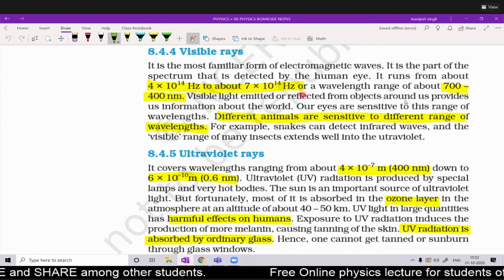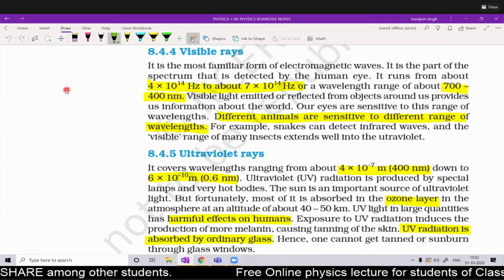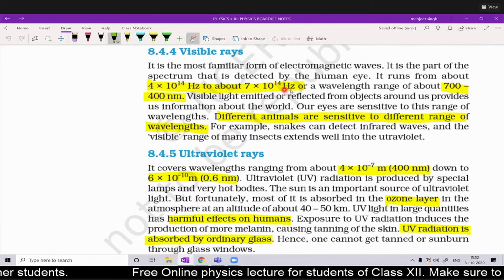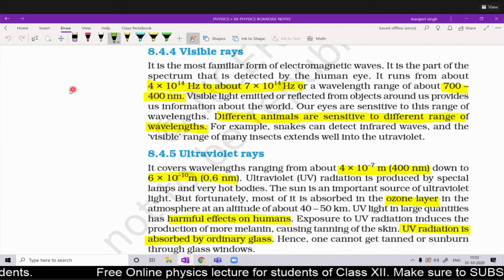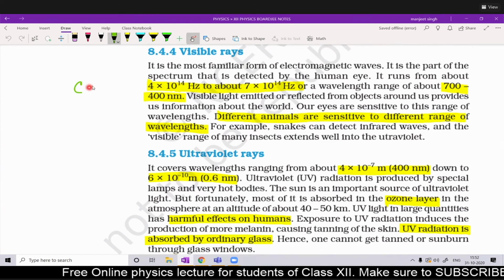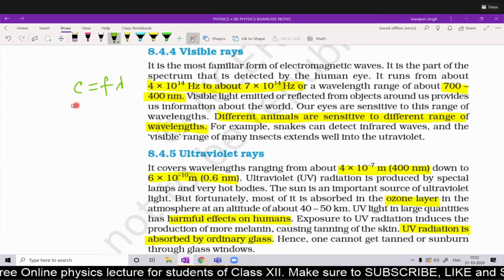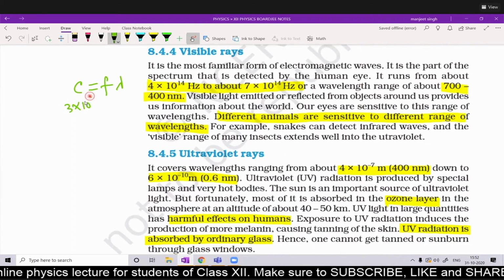How can you calculate this? If you know the wavelength, 700 to 400, you can calculate the frequency, or if you know the frequency, you can calculate the wavelength with the formula c = f lambda. In this formula c is 3 into 10 to the power 8.